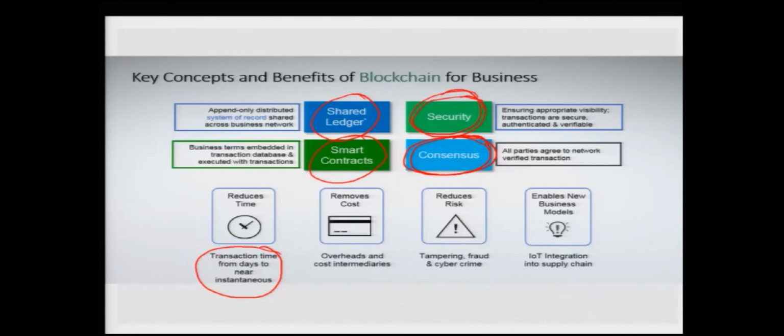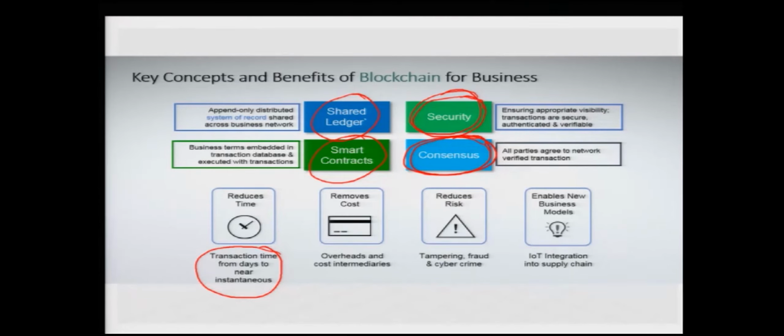I am automating the business logic through smart contracts, so I can assume that things would be faster. It removes the cost of intermediaries and various kinds of overheads when you have this interaction that is manual or some cumbersome way of interaction.